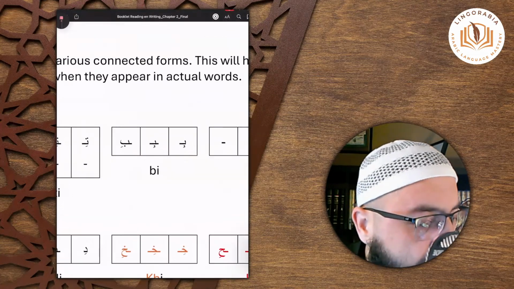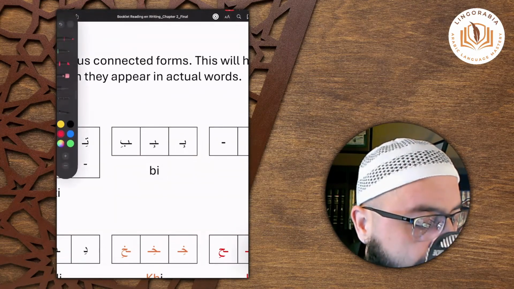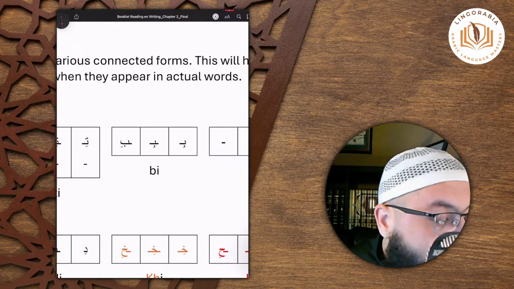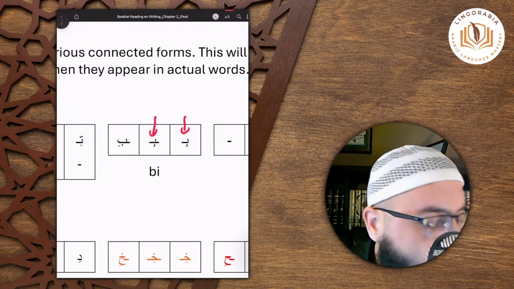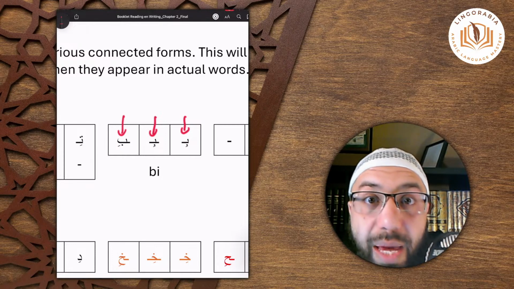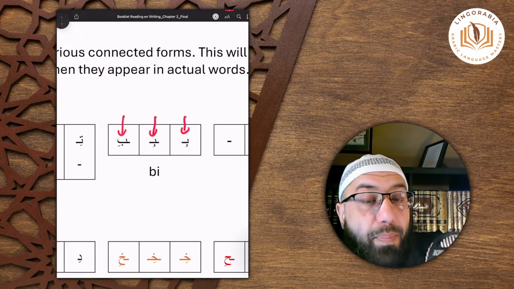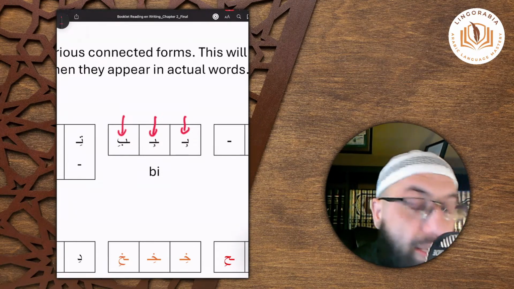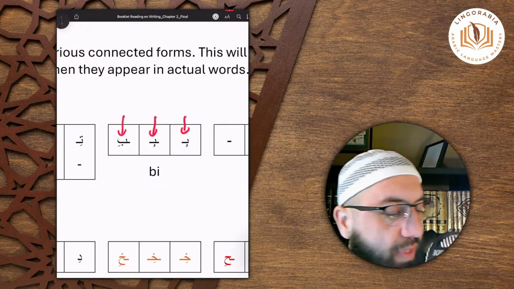Now guys, as you can see, we got now the letters in different positions. We got the ba in the beginning of a word, in the middle of a word, and at the end of a word. You see the shape changes, as we covered this already. The lessons are up on YouTube, so inshallah ta'ala you can go there and rewatch it about the shapes of the letters.